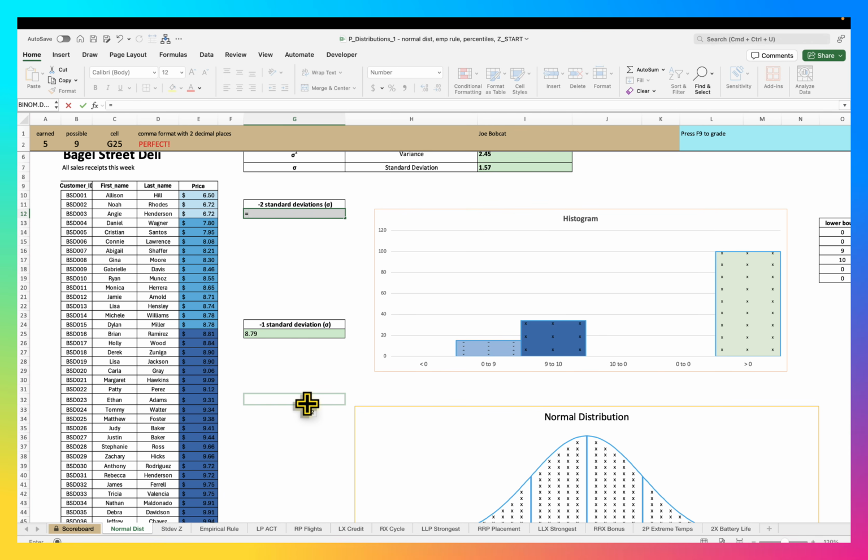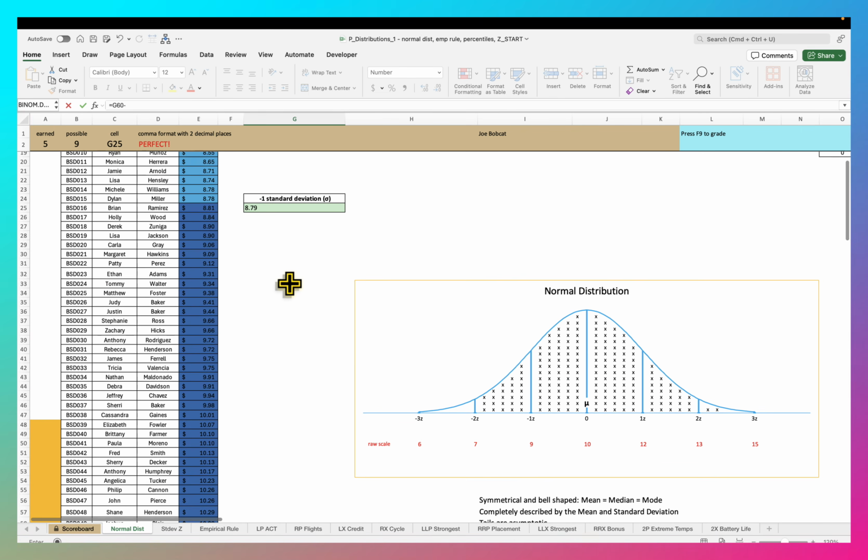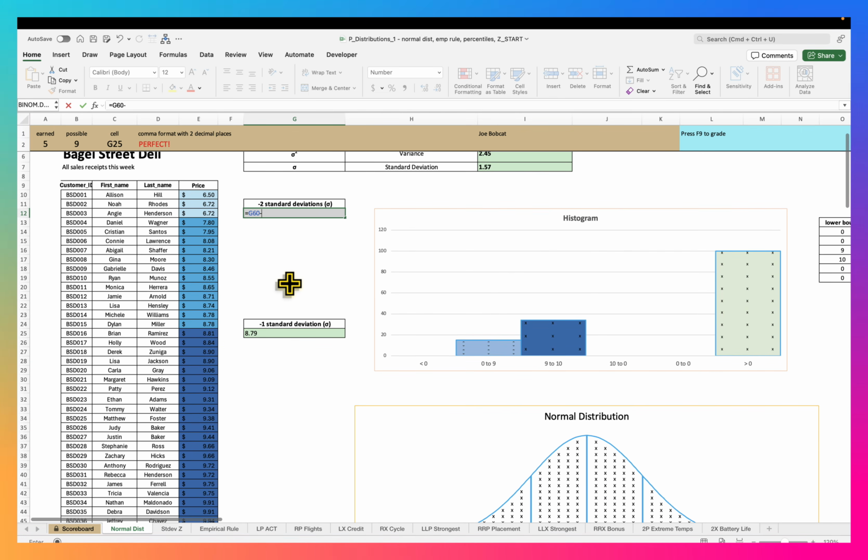Equals the mean minus, and this time it's minus 2 times the standard deviation. All right.